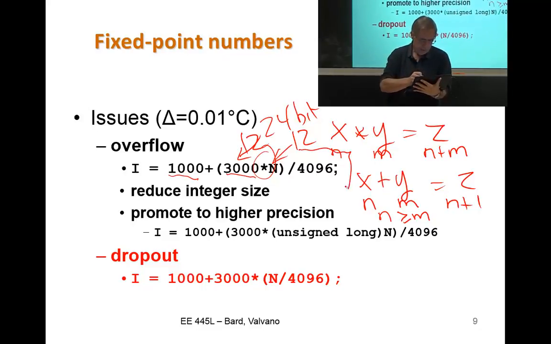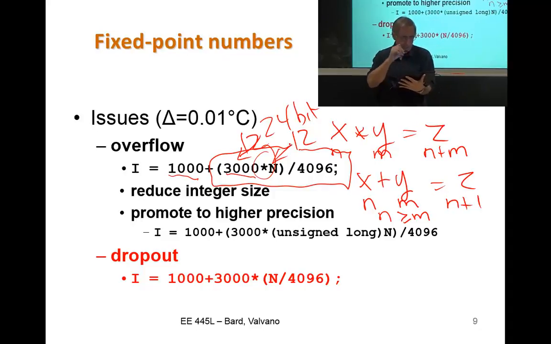If 3,000 times n is 24 bits, what is 3,000 times n divided by 4,096? 12 bits. Okay. Zoom, I just lost some bits. That's actually called dropout. We'll talk about that in a second.